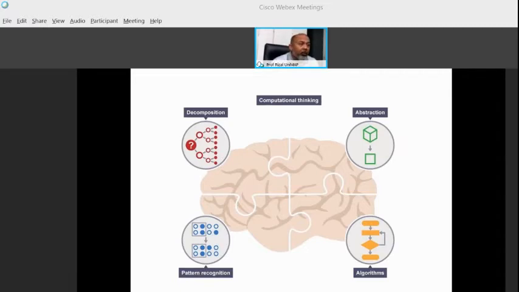Then, of course, in computational thinking you must be able to identify everything. You cannot have something like us humans. Of course, Allah Ta'ala has created us with this ability to create things, to create ideas. But if you have an AI-based robot and I ask it to draw a tree, it will draw a tree based on the definition of a tree that we have given to the system.